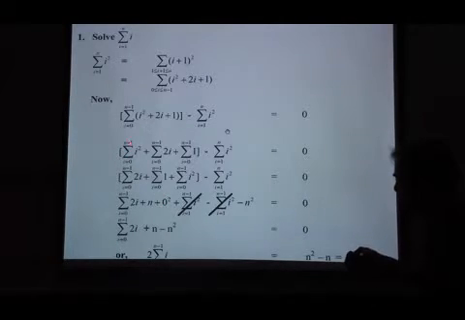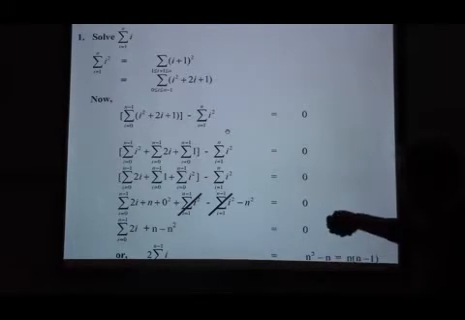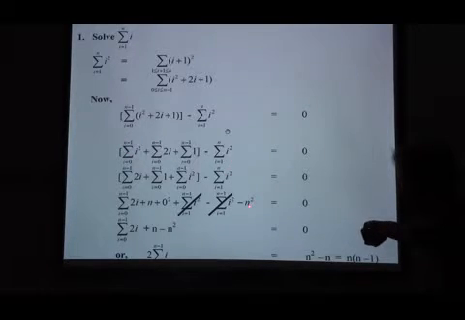This one has an n minus 1, this one has an n minus 1, but this one has an extra n. So when i is equal to n, this is minus n squared. You see it over here? So this is the leftover from here, and this is the leftover from here. Everything else canceled, leaving these two pieces.